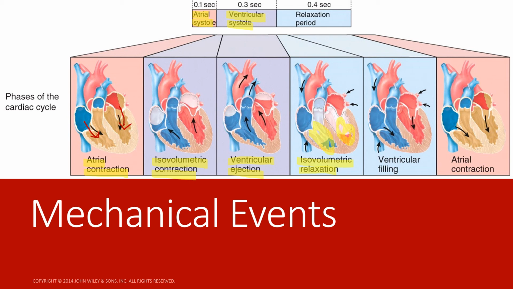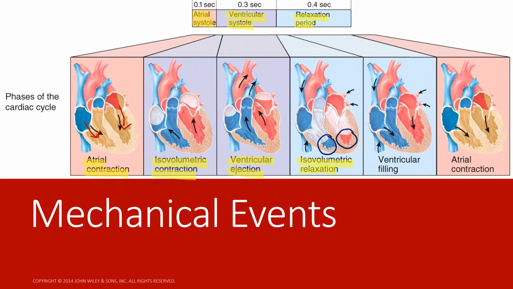We're just going to have that end systolic volume left within the ventricles here. So it's going to be about 60 mils of blood left in each of those ventricles. That's going to be the first half of the relaxation period.